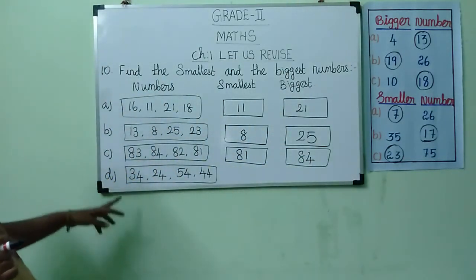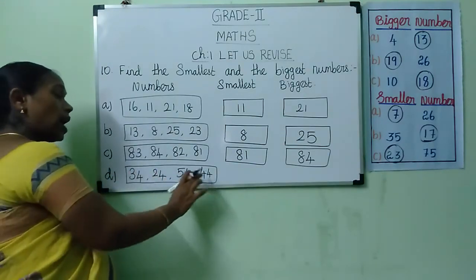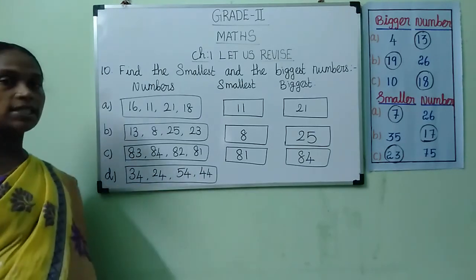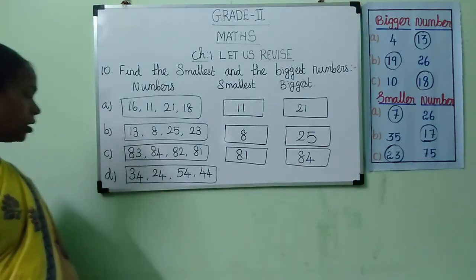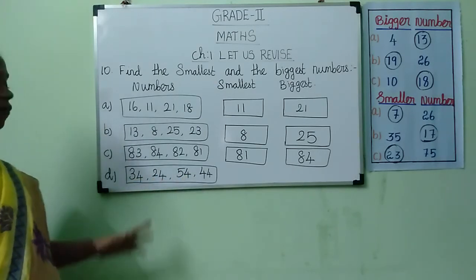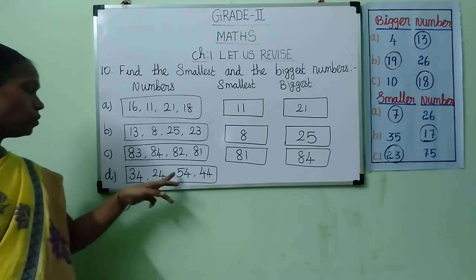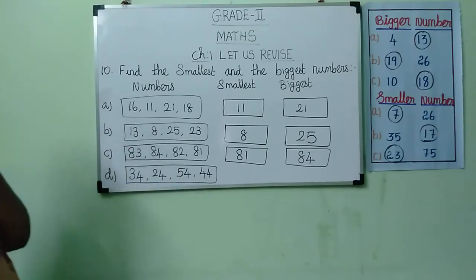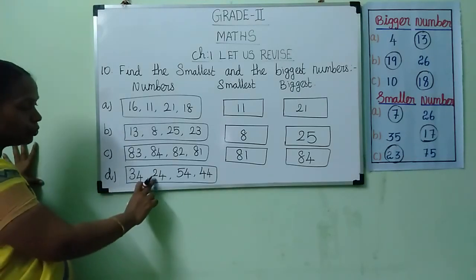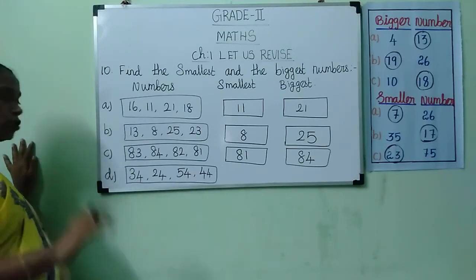Okay. The next one: 34, 24, 54 and 44. Which number is the smallest from these numbers? All the ones places have the same number, 4. So see the tens place only: 3, 2, 5, 4. Which number is the smallest? Yes, 2 is the very smallest number.